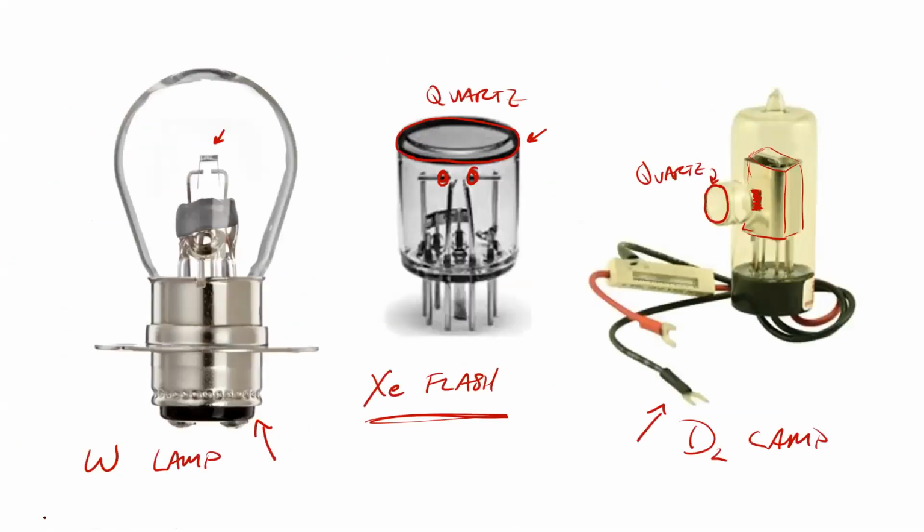In a diode array instrument, the monochromator still exists, but instead of being before the sample, it's after the sample.